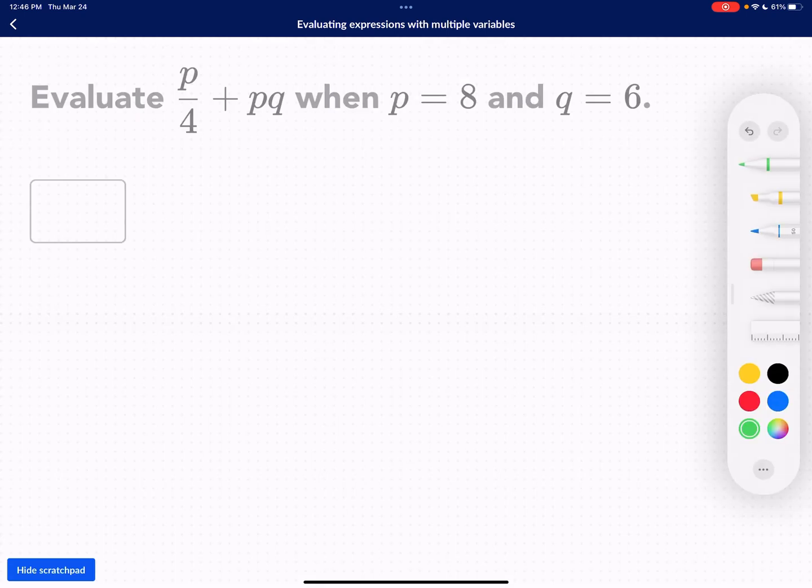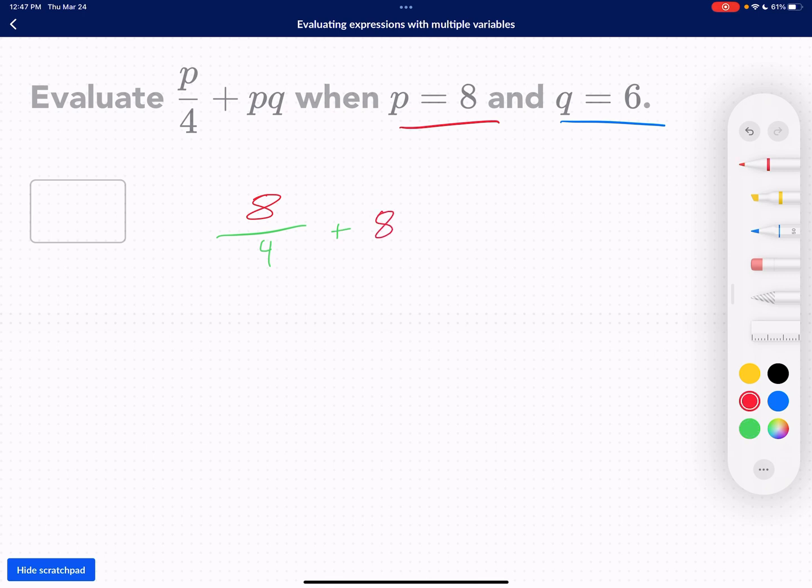Evaluate this stuff at these values. Again, we're just substituting. So P is equal to 8 and Q is equal to 6. So instead of writing P, I no longer see that. I see an 8 now. And then we have plus P times Q, but I don't see a P anymore.